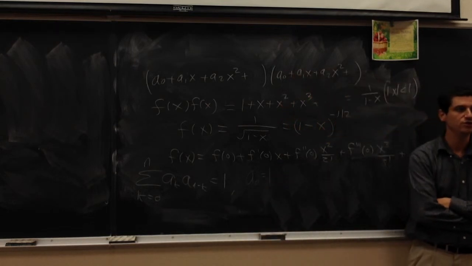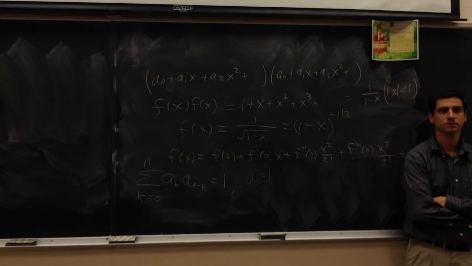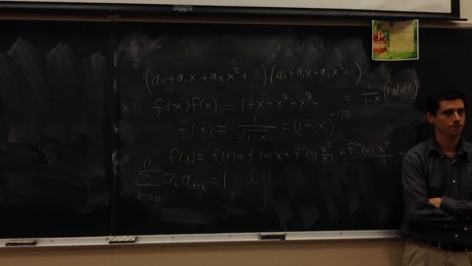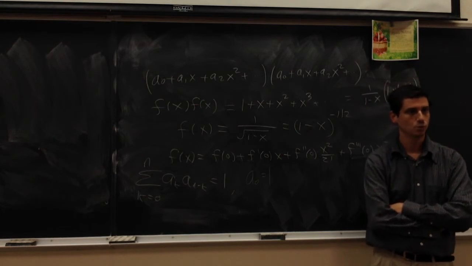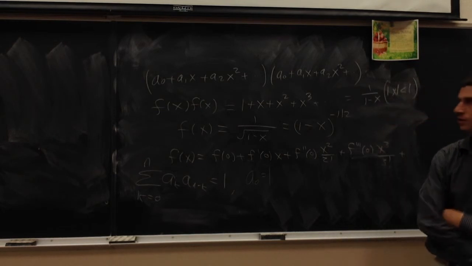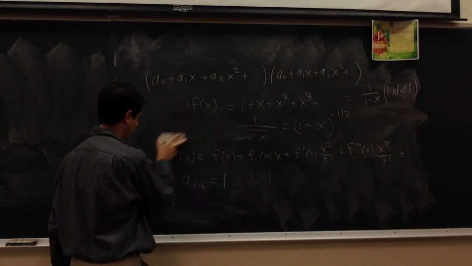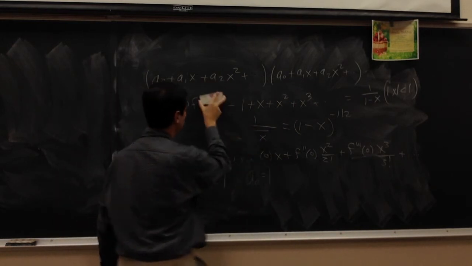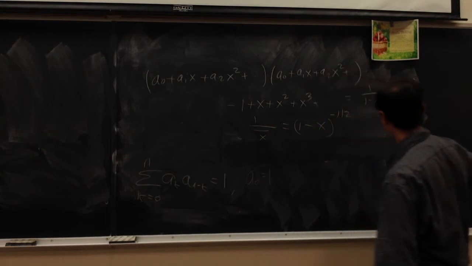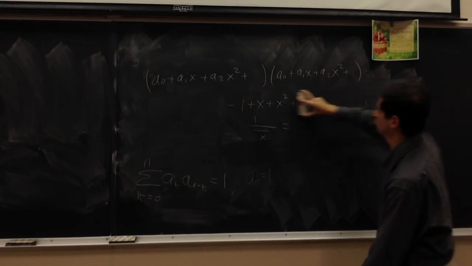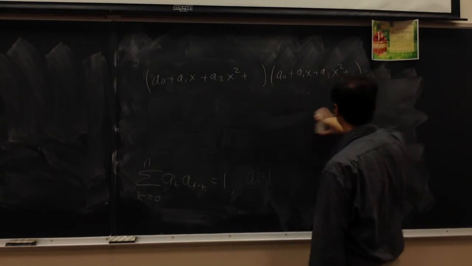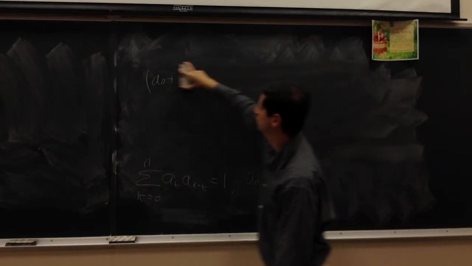What would you do if you didn't see the convolution? So, goodbye convolution. We're going to completely forget about it. It's gone. We don't see it. All we know is we have this relation. What would we try to do at this point?